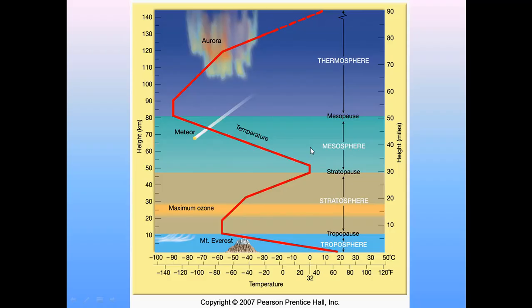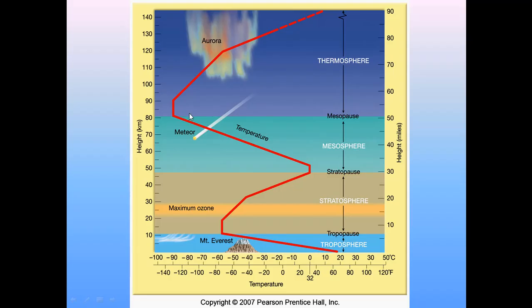But then you get to the next layer of the atmosphere, the mesosphere, and there isn't really anything here, and so that's why temperature decreases again in the mesosphere. And then as you get to the thermosphere, you notice that temperature once again increases. So why is that? What's special about the thermosphere?